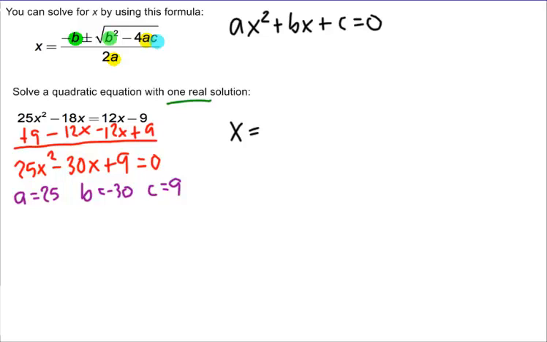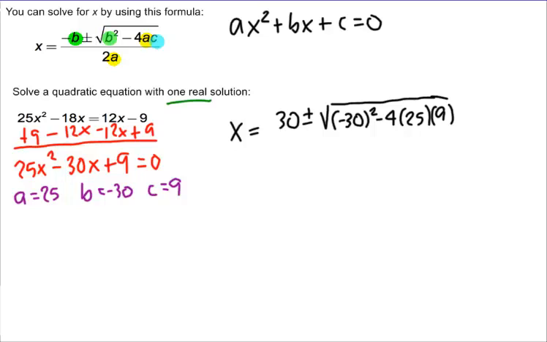X equals the opposite of B plus or minus the square root of B squared, and use parentheses, minus 4 times A times C, all over 2 times A. Get your calculators out because we're going to need to do a little bit of checking here.